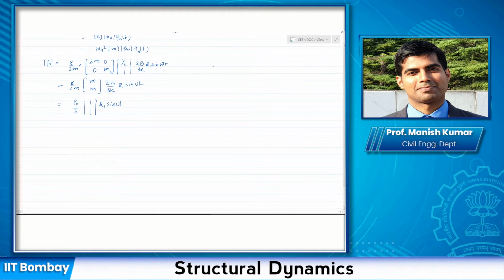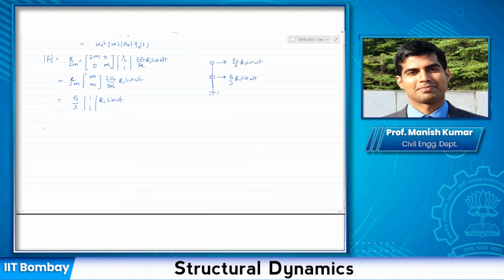So the forces at degree of freedom 1 is P0 by 3 R1 sine omega t, and here also P0 by 3 R1 sine omega t. Now if you consider F_2, for the second mode, it would be omega_2 squared m times phi_2 times Q_2(t). Let us see what this is. This is 2K by m, and m is the same here.